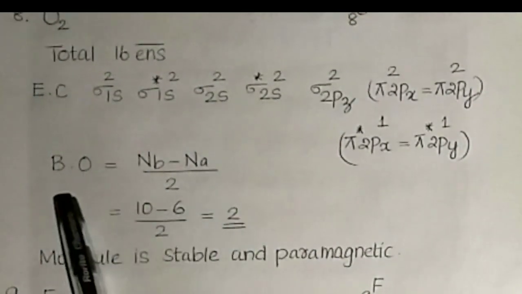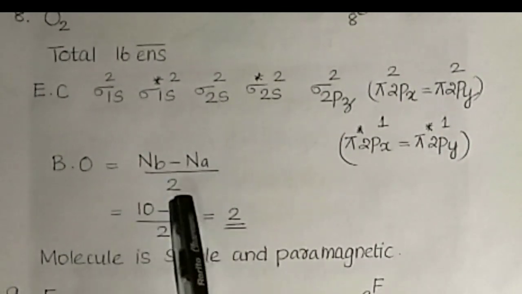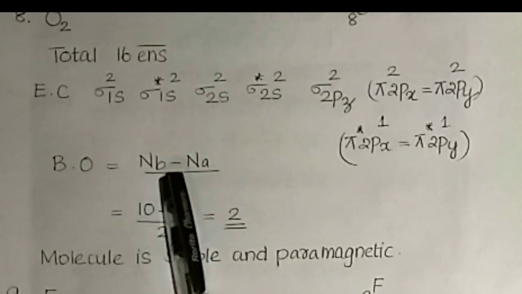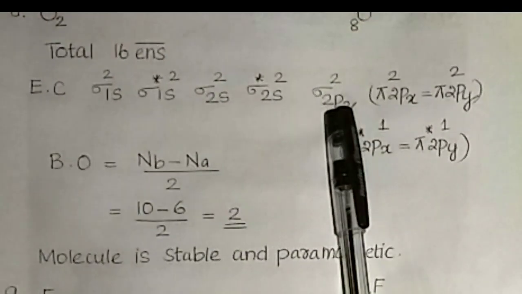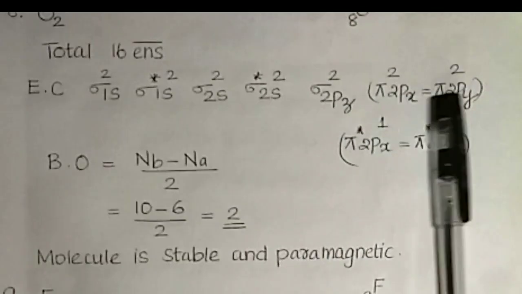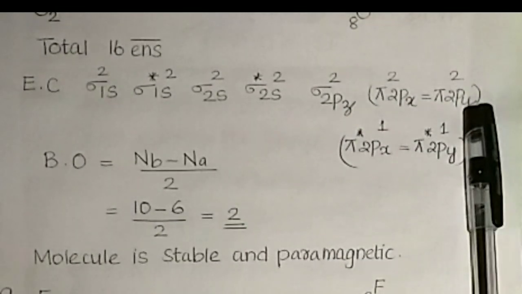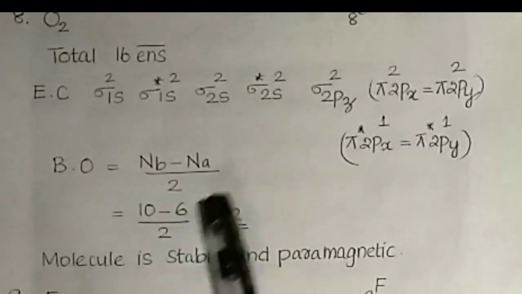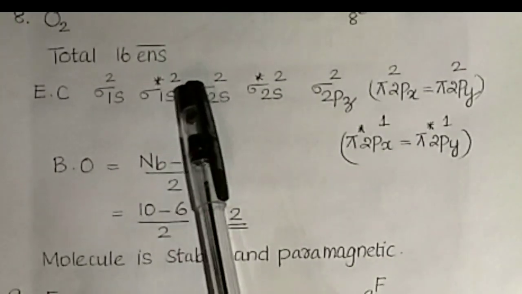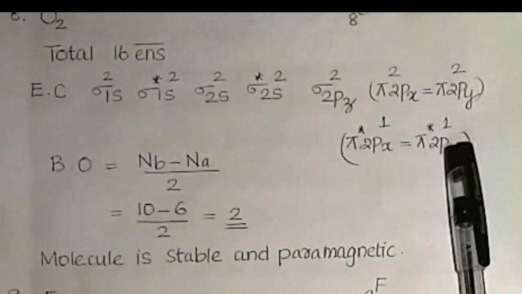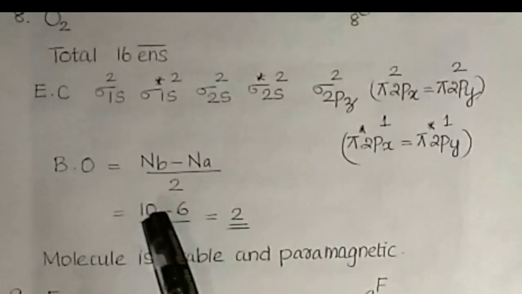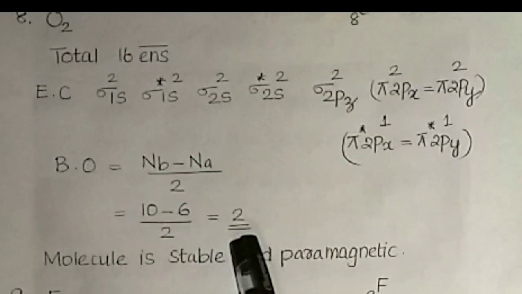So bond order is equal to Nb minus Na by 2. Nb, the number of bonding electrons: 2 plus 2 is 4, plus 2 is 6, plus 2 is 8, plus 2 is 10. 10 minus antibonding, 2 plus 2 plus 1 plus 1, which is equal to 6. 10 minus 6 by 2 is equal to 2.